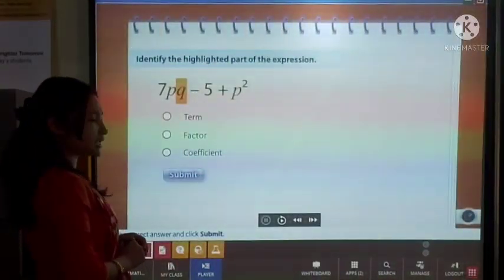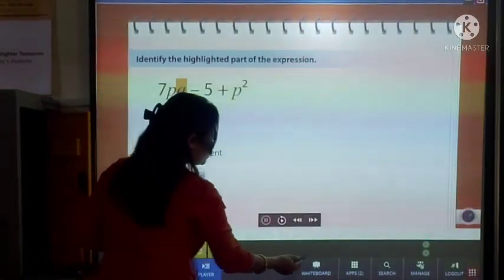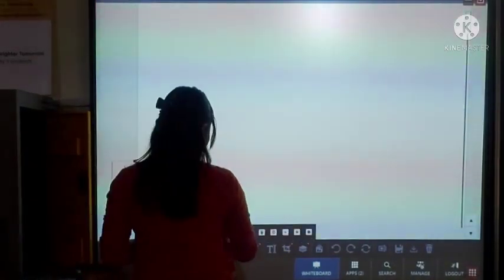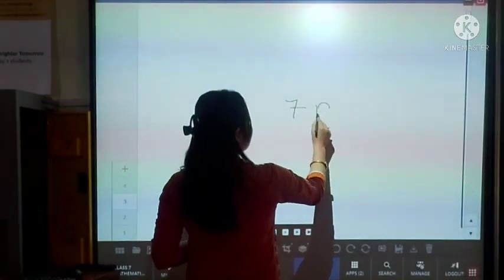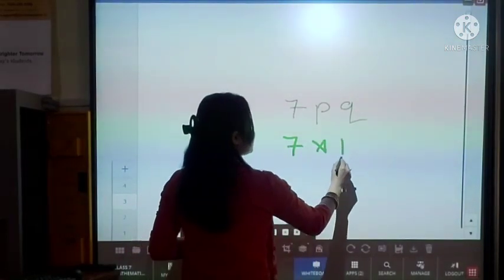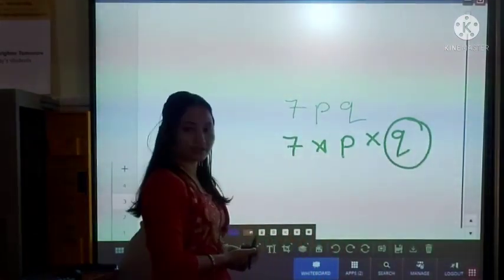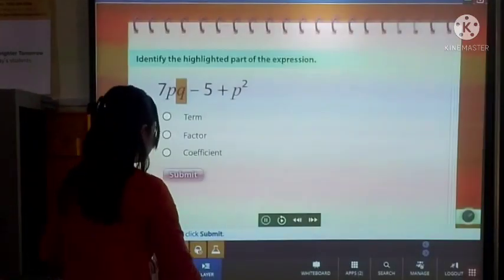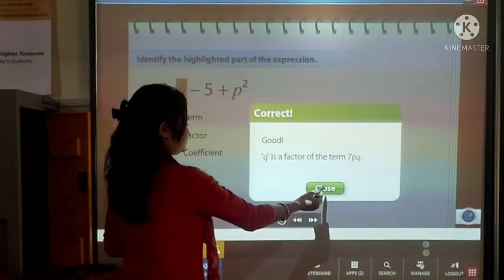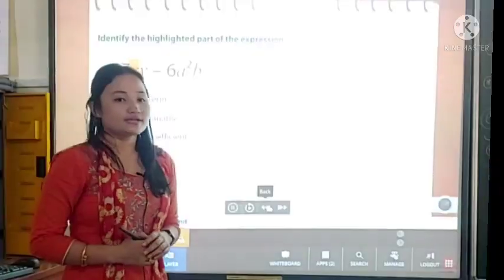Second is factor, and it can be a factor. We can write 7pq as 7 into p into q, and this q is a factor of this term. So the answer is factor: q is a factor of the term 7pq.